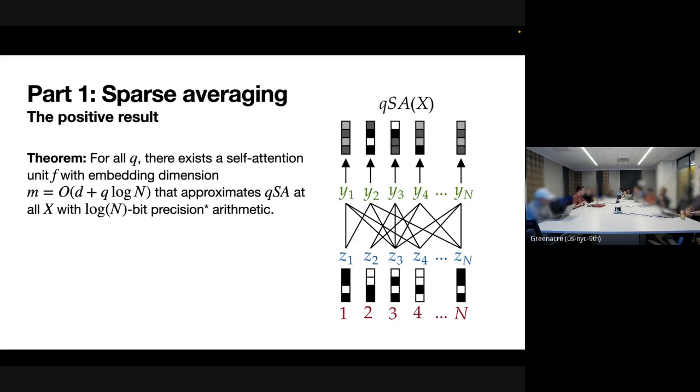The key theorem we're proving is that if you're doing this q-sparse averaging problem, where you're averaging q elements together, and our input vectors z are d-dimensional, then the embedding dimension is going to grow with d plus q log n. We're going to think about q as the key parameter of interest, and notice that there's a linear scaling of this quantity with respect to q.